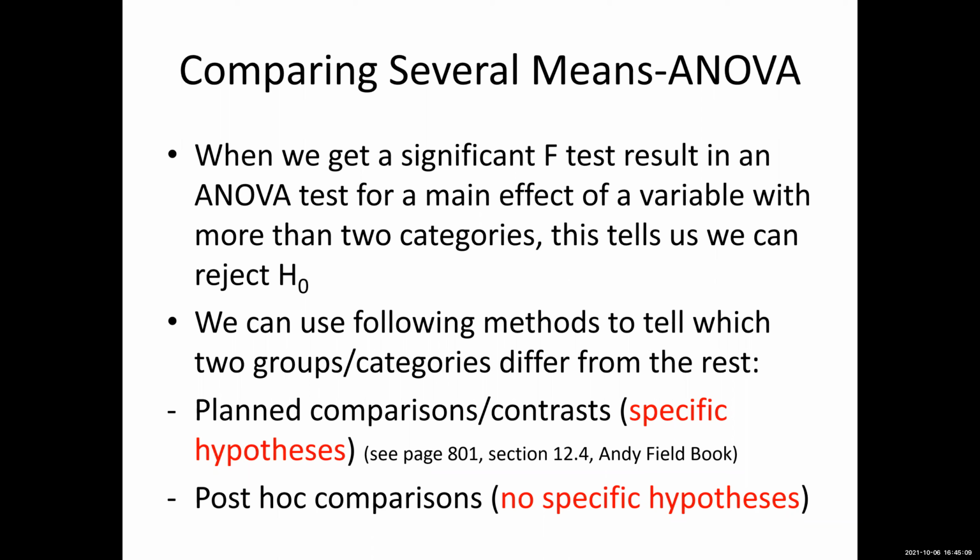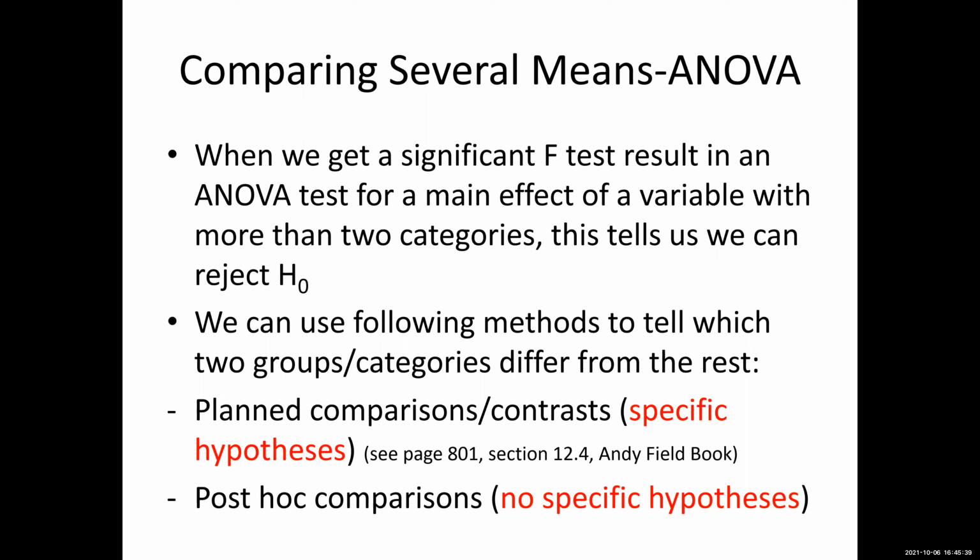We are not going to cover this in this session, but you can find the details on page 801, section 12.4 of Andy Field's book. It's very well explained there. You have to assign weights to different categories in order to compare the two specific categories about which you have made your hypothesis.